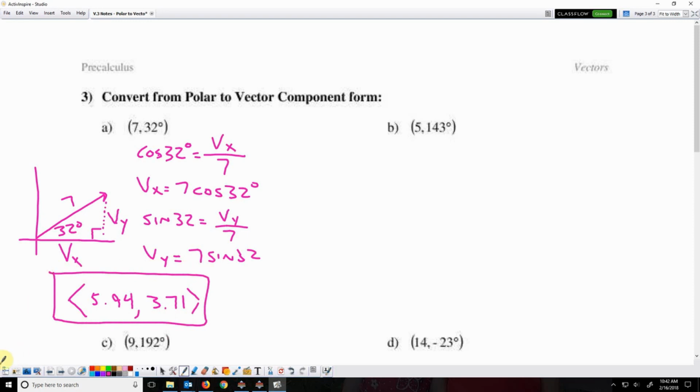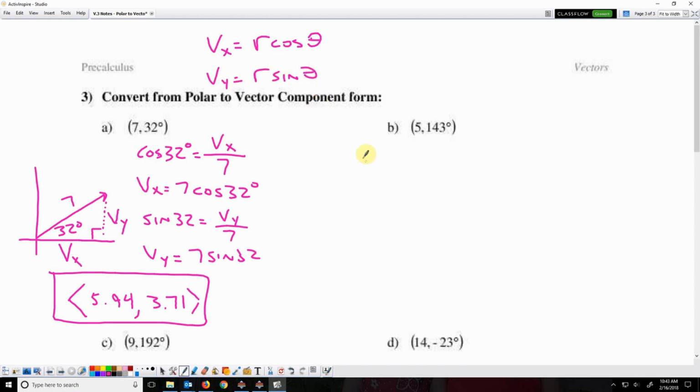Now we're going to shorten that up by using some things that we already know and combining them with what we just did here. We've known for a while that x is related to cosine and y is related to sine. So when we're finding the x component, we're going to use cosine. When we're finding the y component, we are going to use sine. So the vector's x component will always be r cosine theta. And the vector's y component will always be r sine theta.